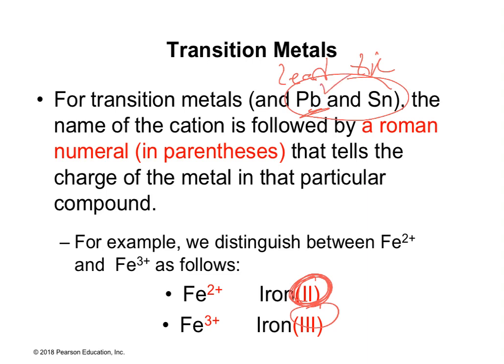So you just need to commit these to memory, that lead and tin act like transition metals and require the use of these Roman numerals. So just as a reminder to make sure it absorbed, whatever the charge is on the metal cation, if it's a transition metal, is shown in Roman numerals while you're naming it, okay?